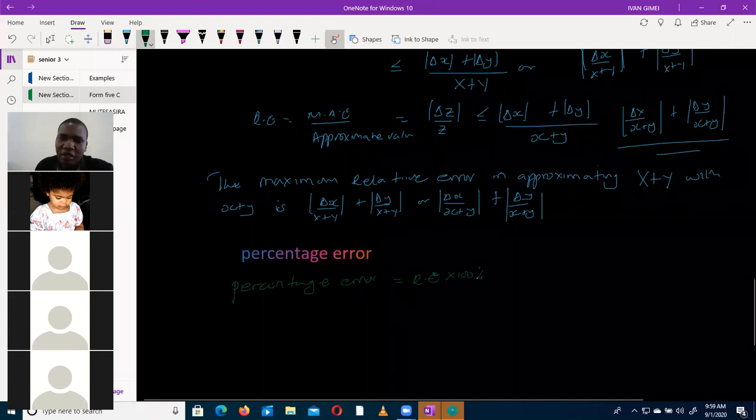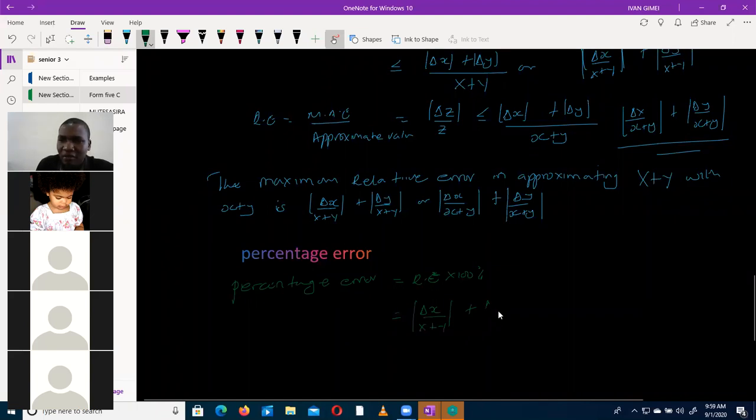So this will be the same as dx out of x plus y modulus plus dy out of x plus y modulus. All of these times 100% gives us percentage error.